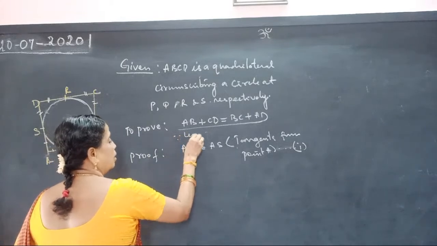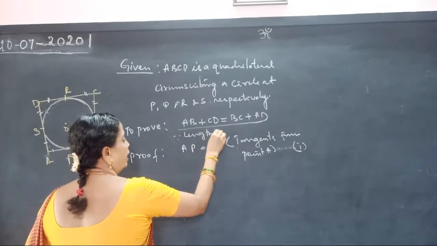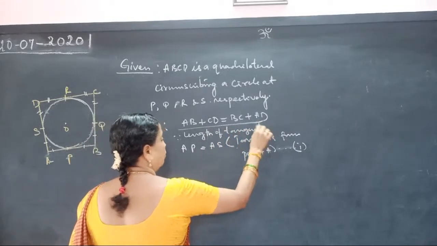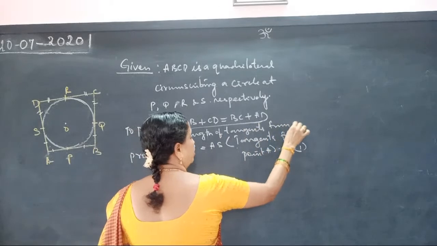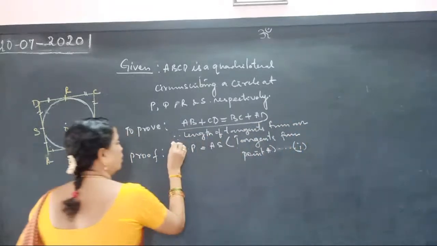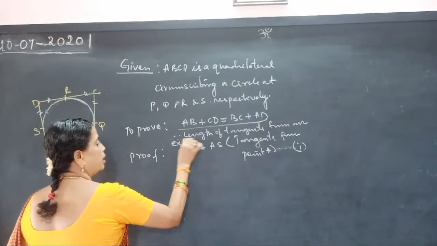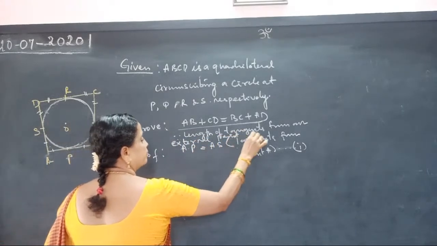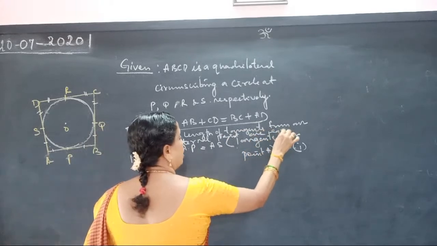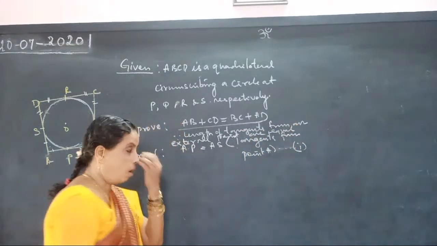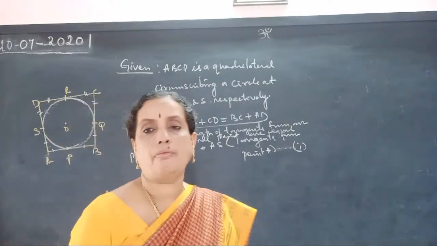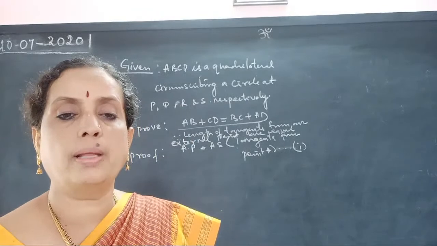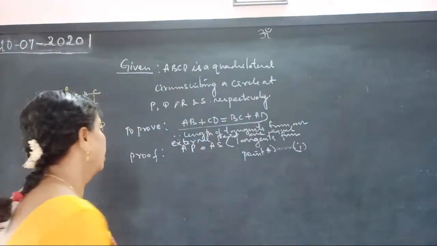Since the length of tangents from an external point are equal. This property you can mention, or after taking the pair of tangents you can mention theorem 10.2 in brackets. That is also okay.